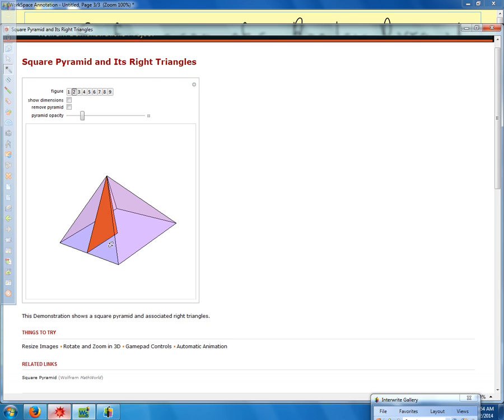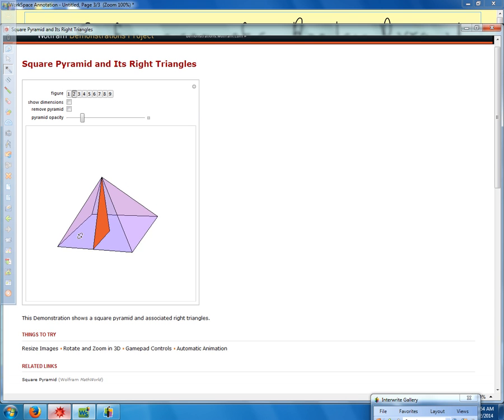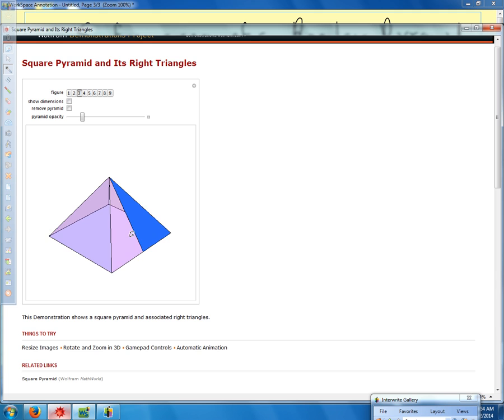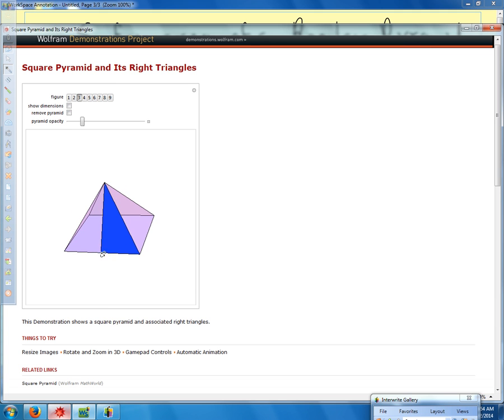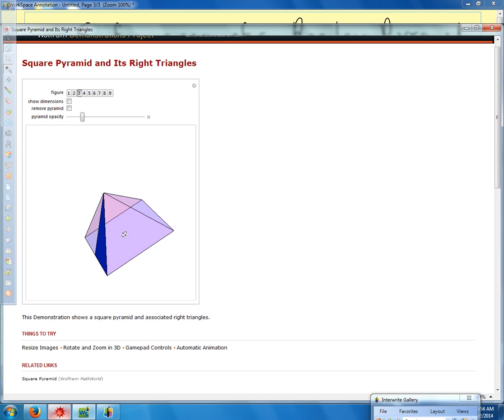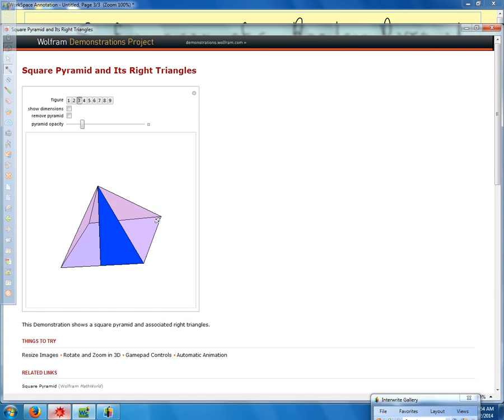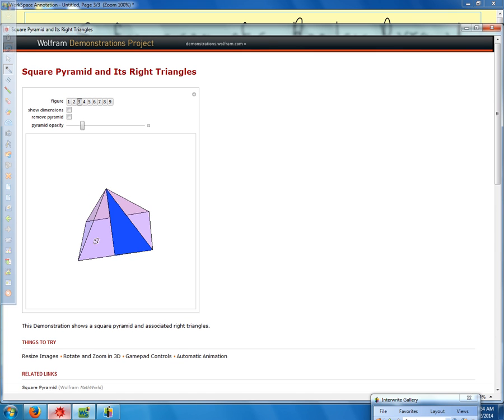So we can use that to solve problems. If we know the length of the side, we can always figure out the apothem. So we can use the Pythagorean theorem. We also get a right triangle between the slant height, half the base, and one lateral edge. So we get a right triangle along the face, one of the lateral faces of a pyramid. So sometimes we need to use that to solve problems.